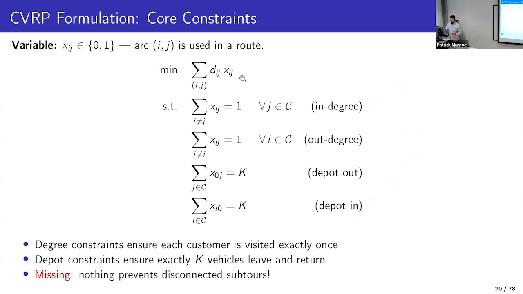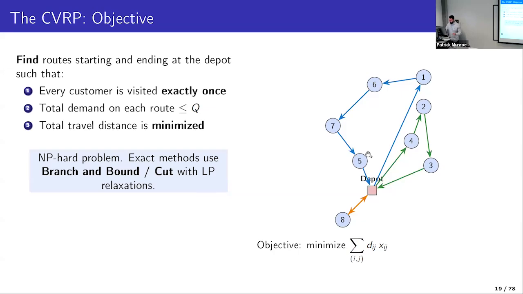So what it says is that d_ij is the distance between nodes i and j. So we want to minimize the distance of the route. First, I should have mentioned that, on the graph here, suppose that we have a complete graph where we have some arcs between all of the nodes.